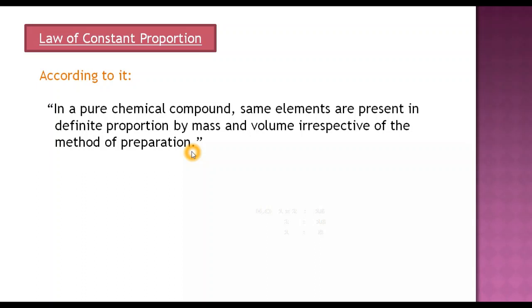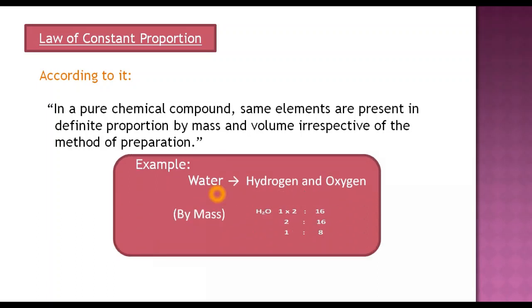Now let's take an example to understand this. Suppose we are taking water. Water is a compound, right? And this water is always made of two elements. Water always consists of two elements, hydrogen and oxygen.